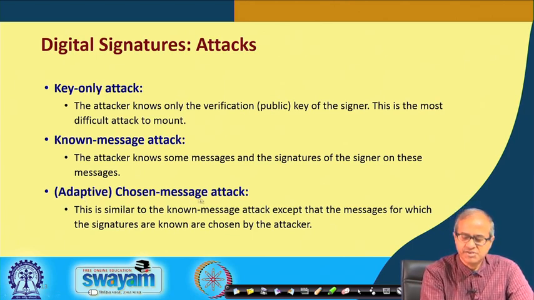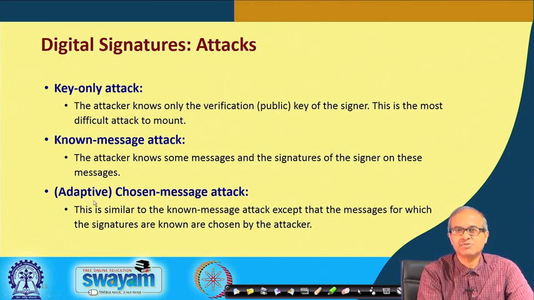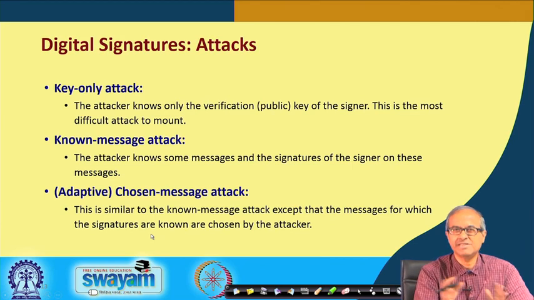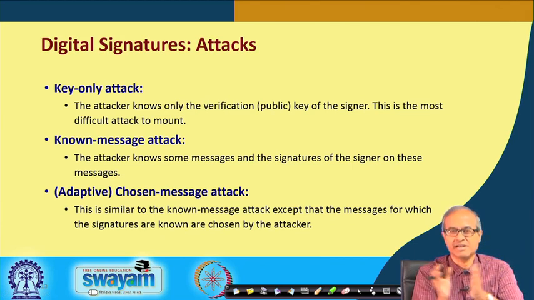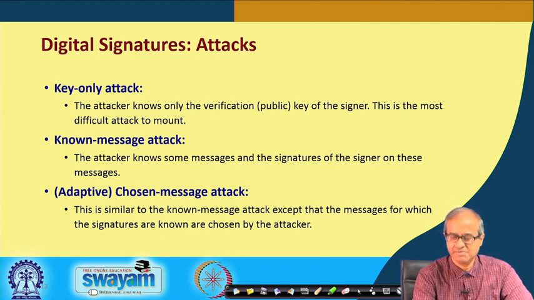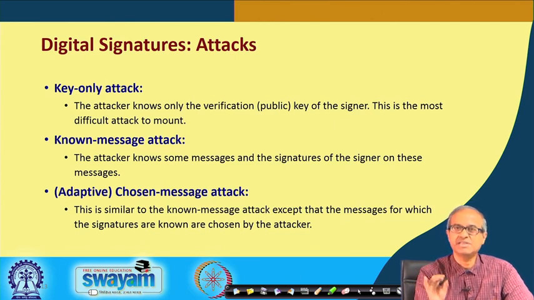And chosen message attack or adaptive chosen message attack is similar to the last one in the previous slide, where the attacker can choose some messages for which the signatures are known. So, these are all different categories and classes of attacks, but just one thing you should remember, these are not easy to mount, these are all very difficult.